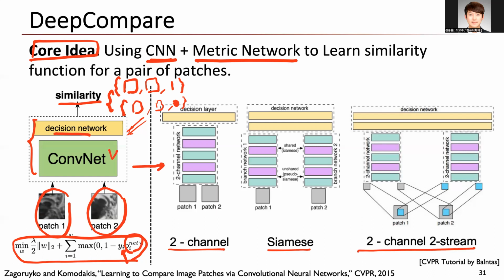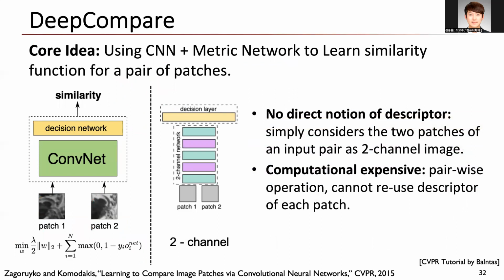The two-channel version is very, very simple. Let me show here. In this architecture, they just concat patch 1 and patch 2, feed forward these two patches to the network, and use the decision network, which is just an FC layer, to estimate the similarity of these two patches. There is no direct notion of descriptor, because they just concat and simply consider the two patches as input pairs of two-channel images.